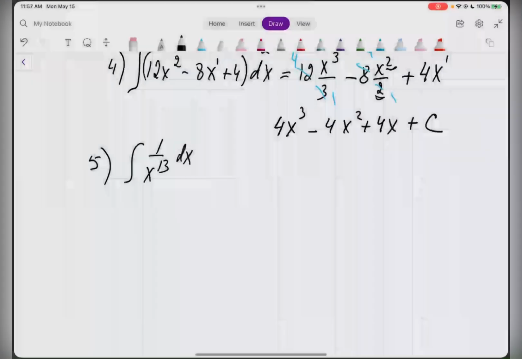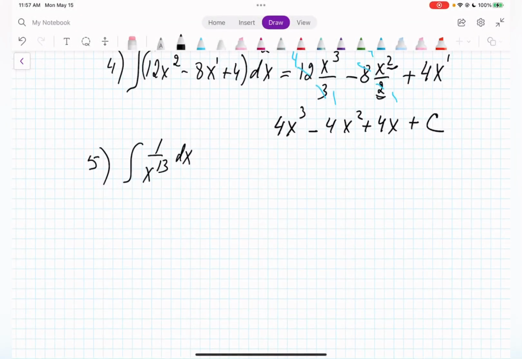All right. How are we going to solve this one? What do we have here? So I'm going to represent x to power 13. Let's do here drafting. 1 over x to power 13. If you remember from algebra, is equal to x to power negative 13, right? Okay, so I'm going to rewrite integral x to power negative 13 dx.